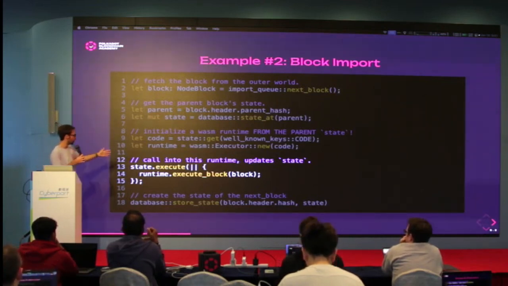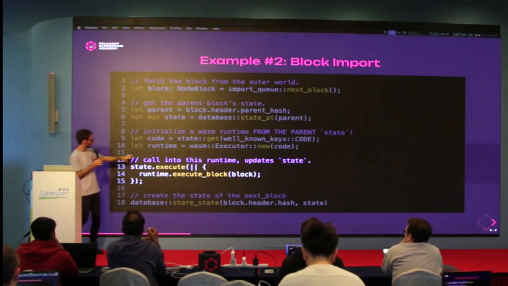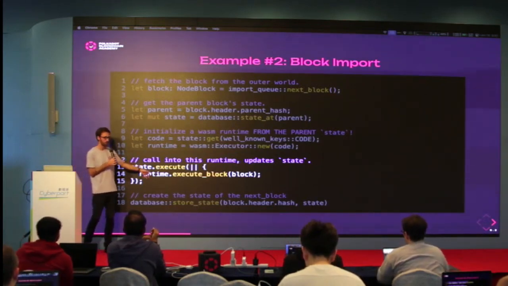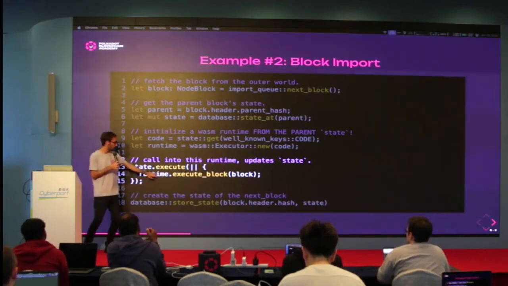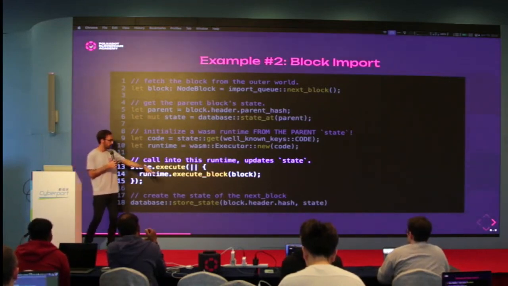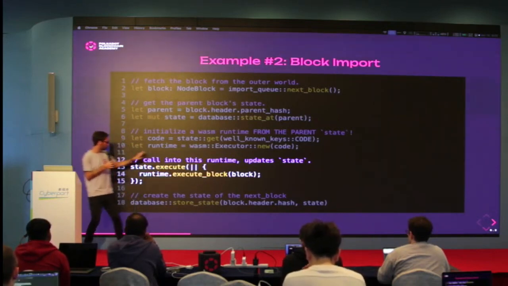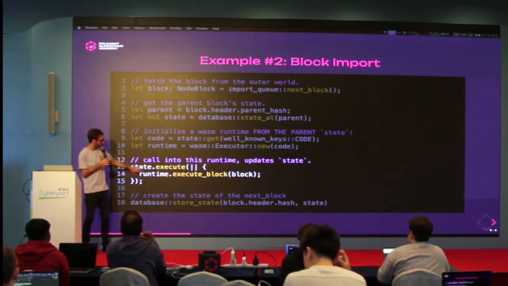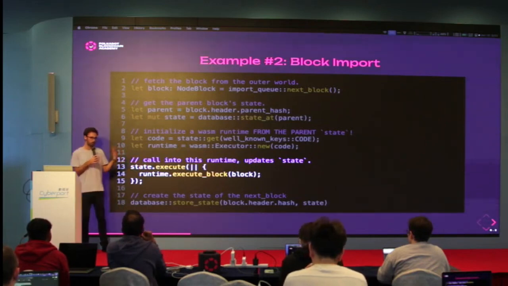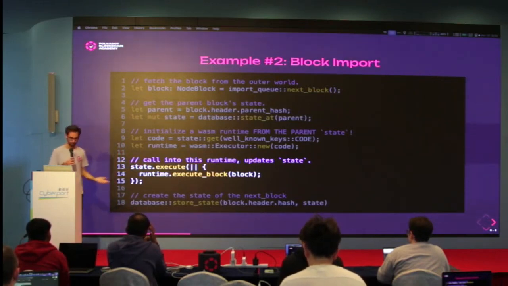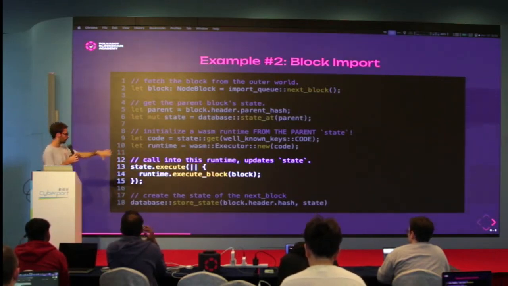What I'm trying to represent here is that on top of that state, we execute some runtime API. Whatever updates happen via these host functions inside of this execute block will trigger changes in this state variable. I'm representing this in my pseudocode using this closure format.